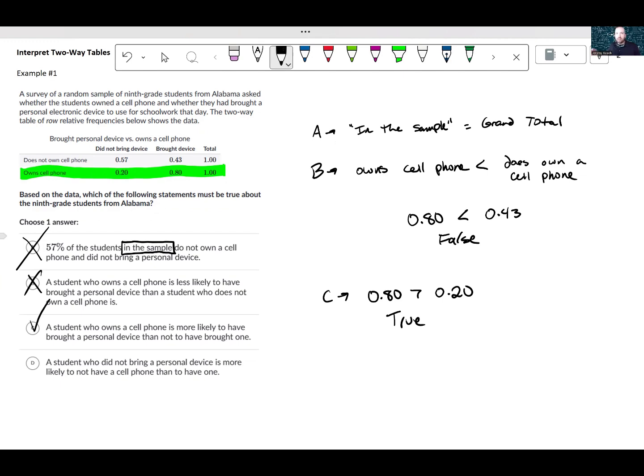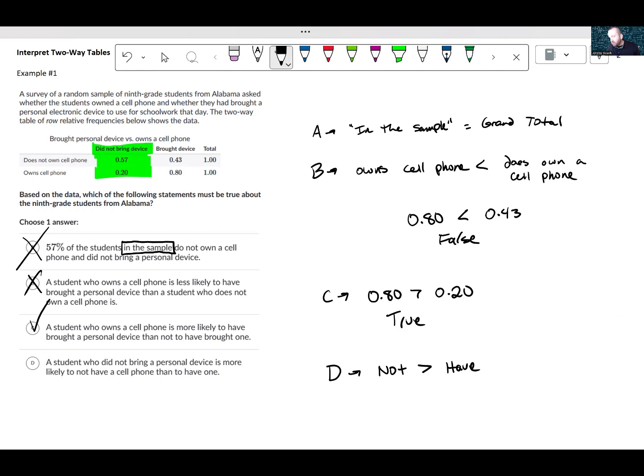Just to be consistent, let's check what D is here. So for D, it says a student who did not bring a personal device is more likely to not have a cell phone than to have one. Okay, so now we're going to look at this column for D. Not having a cell phone more likely than having a cell phone is the statement that it's telling us.